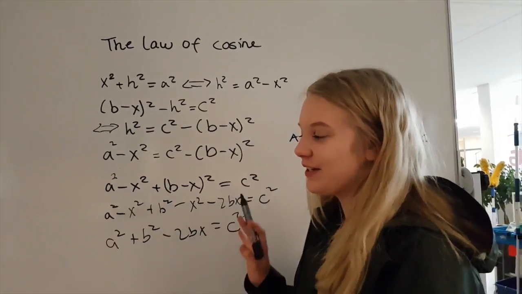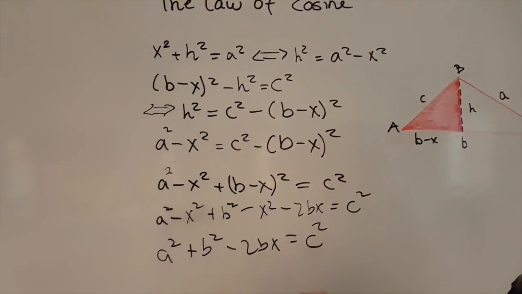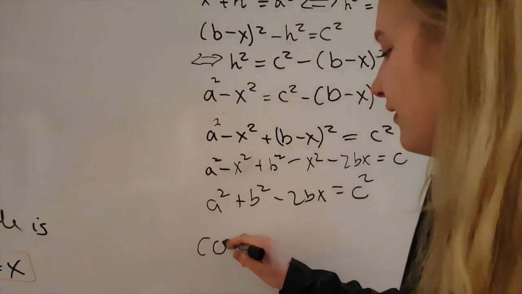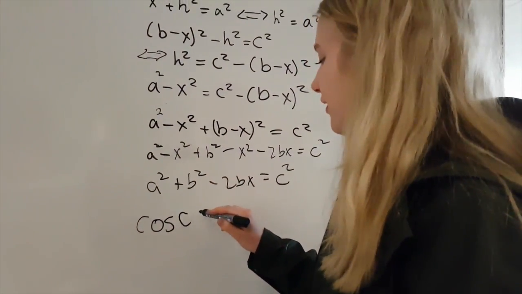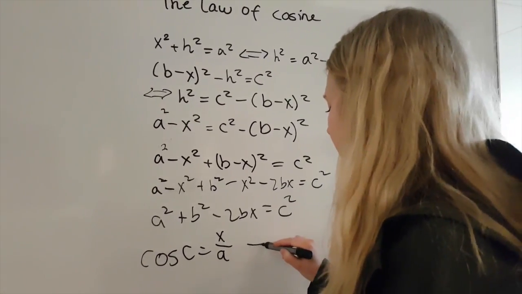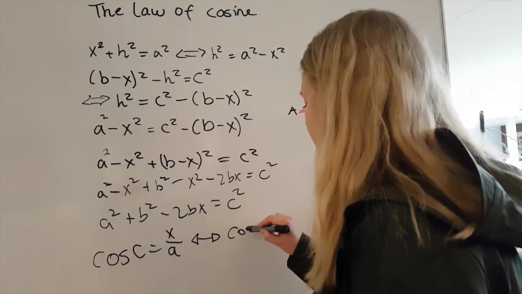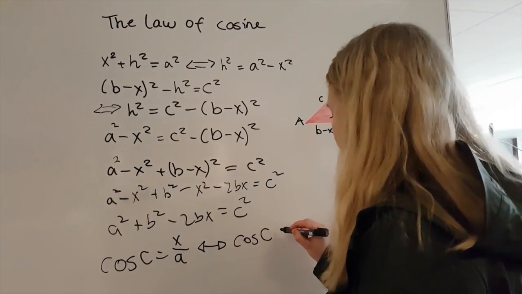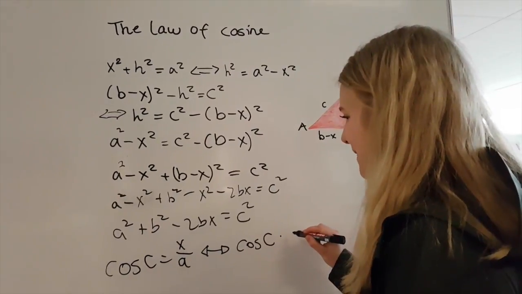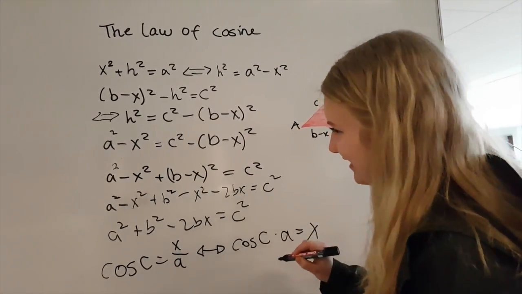The angle C in the white triangle, which is this one, is equal to cosine C, which is equal to x divided by a, and that is the same as cosine C times a equals x.